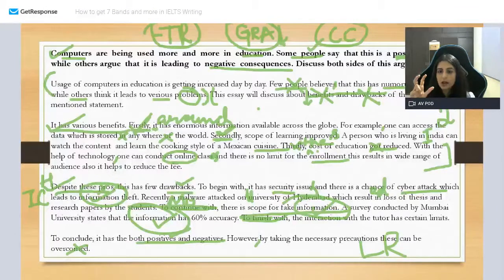Complex sentences are where you are writing one independent sentence and one dependent sentence. So one sentence is dependent on the other. And compound sentences are usually the sentences where you combine two simple sentences with a conjunction like and, for, because, and all of that.